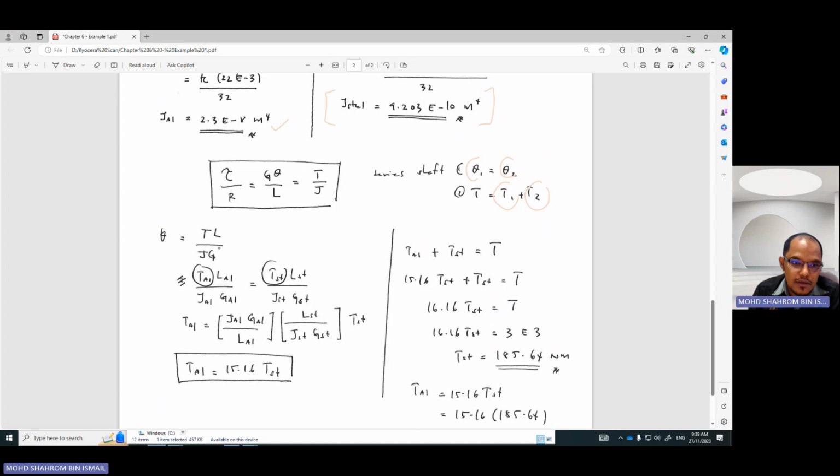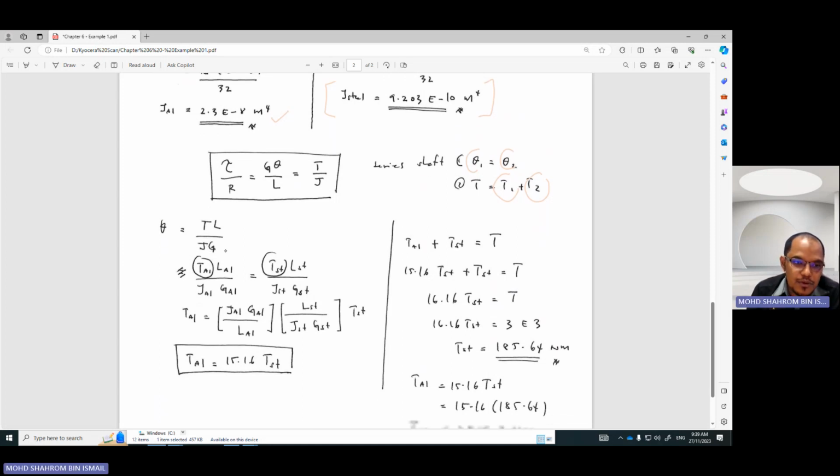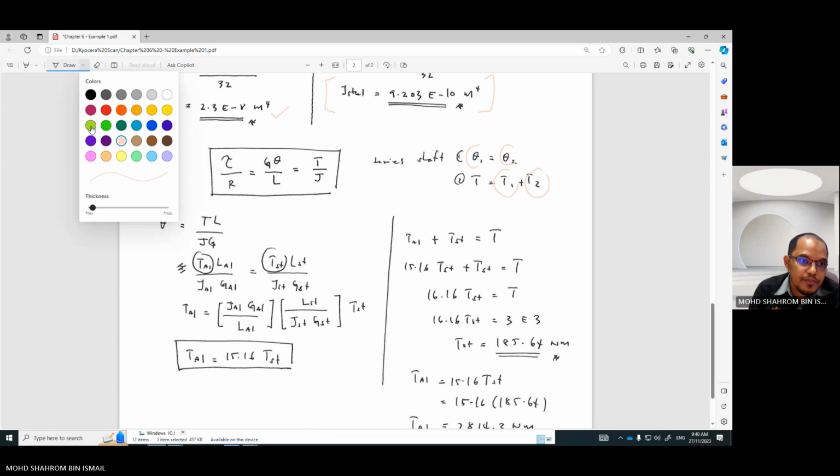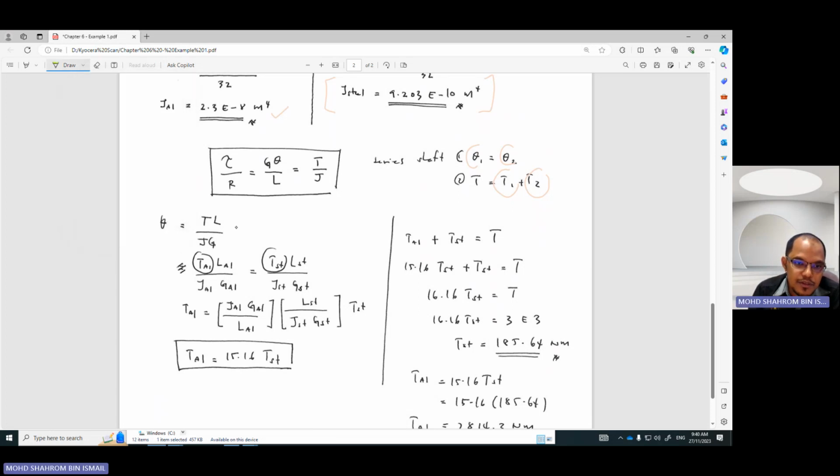Therefore, just going to use this equation. Theta is equivalent to torque multiplied by L over JG. This is the standard formula for theta.